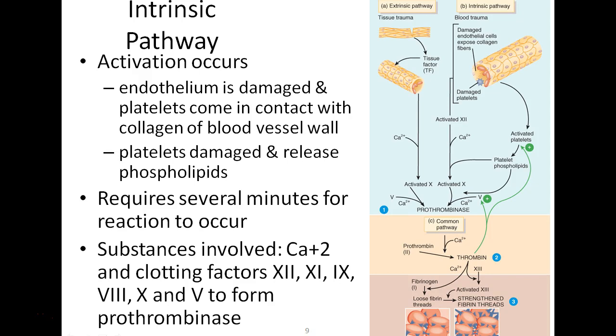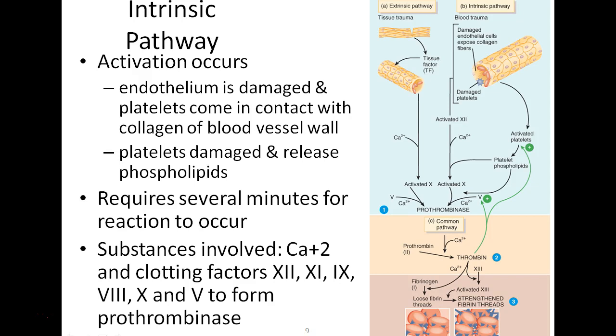Then this factor 12 converts the inactive factor 11 to an active factor 11. Then factor 11 is going to convert the inactive factor 9 to an active form of factor 9.